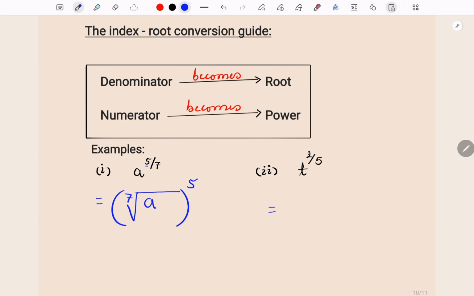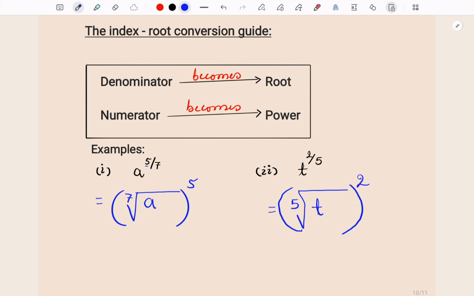Similarly, in the second example, we have t raised to the power of 2 over 5. 2 is the numerator, so it will become the power, and 5 is the denominator, so it will become the root. So we have t, the denominator 5 becomes the root, and then the numerator 2 becomes the power.